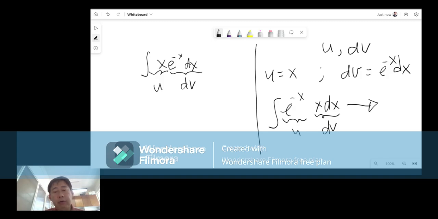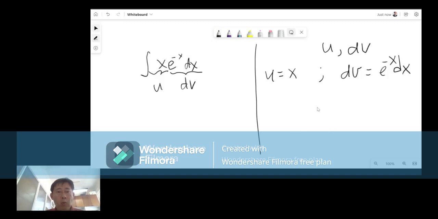However, if you make the wrong choice of u and dv, you will probably land in a situation where you cannot perform the integration correctly. Once the choice of u and dv is made, the next thing you want to do is to write down the differential du.